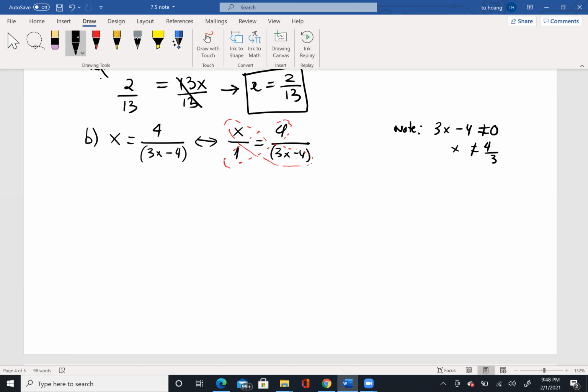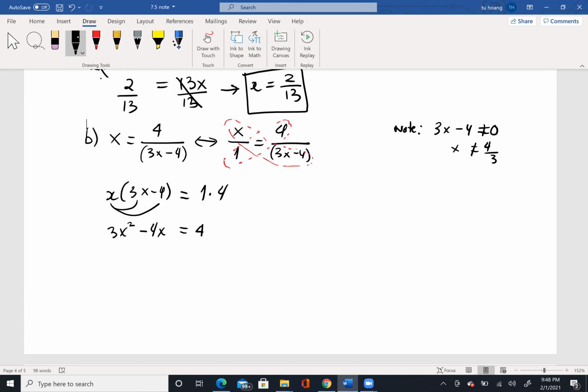Okay, so let's move to the cross multiply. I have x multiplied by 3x minus 4 equal to 1 times 4. Now, distributive properties, you're going to have 3x squared minus 4x equal to 4.